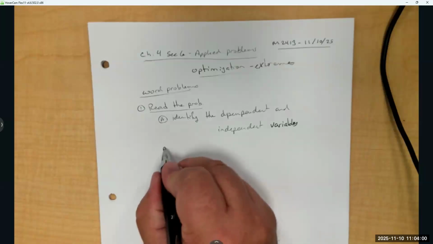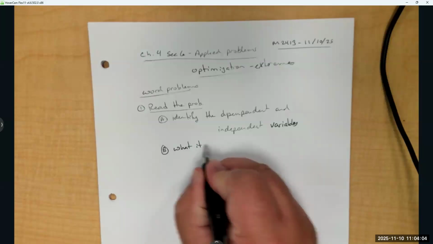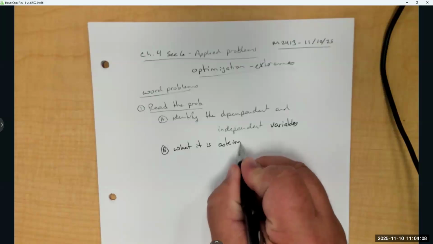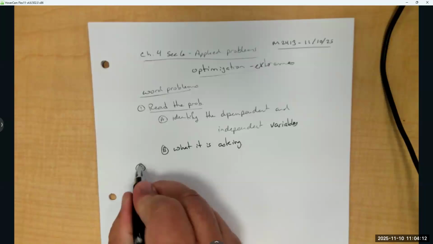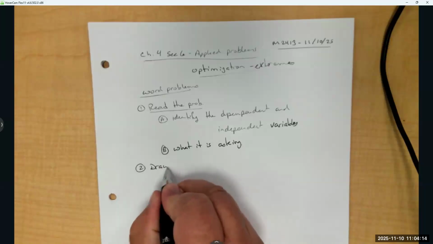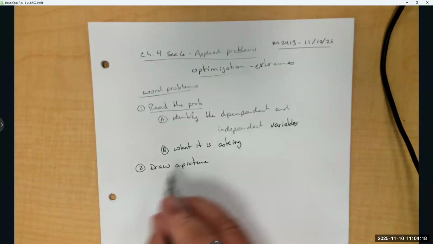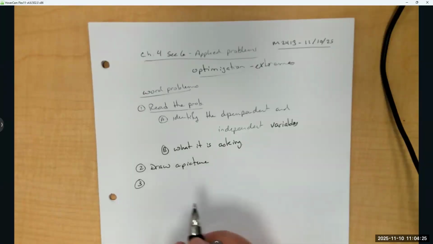Also identify what it is asking. If you have to, like if it's motion problems, draw a picture, a diagram, something so you see the relationship of your variables.